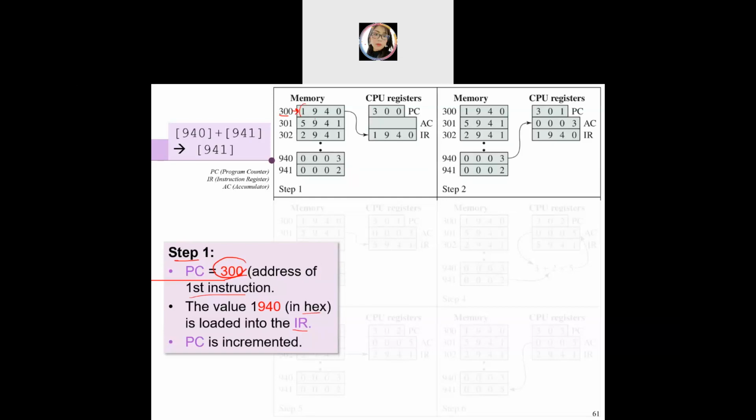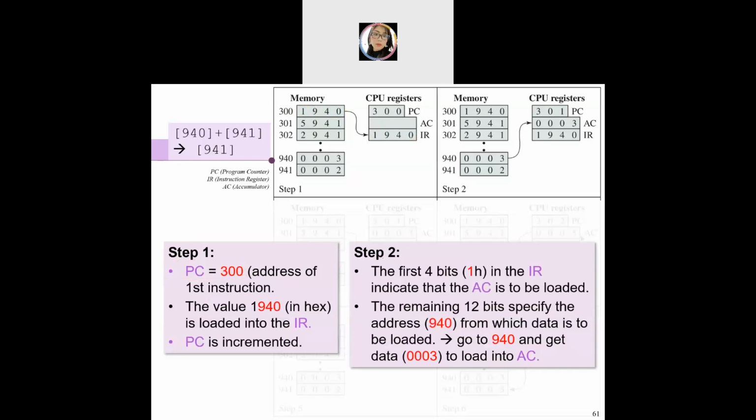You look into the value, take it and put it into your IR, the same value here. Your PC later on will be increased from 300 to 301, 302, and so on. So that is the first step.